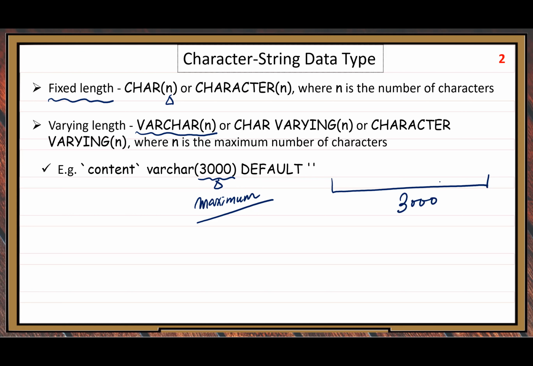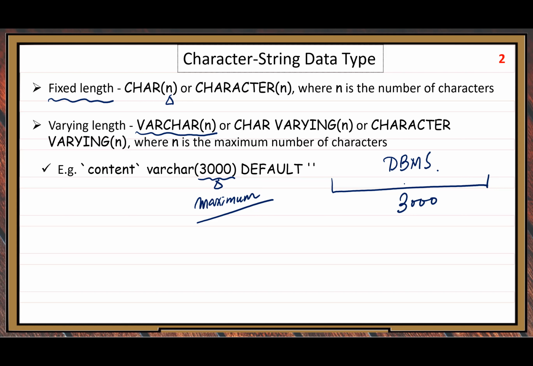Inside the DBMS, it's not like you make a reservation. When we declare 3,000 characters, we do not get a reservation of this many characters.